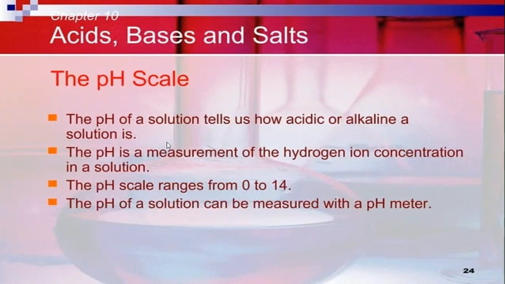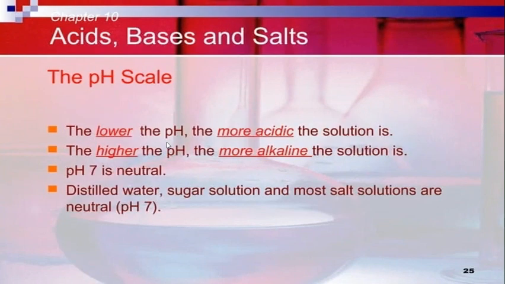So the pH scale. The pH scale ranges from 0 to 14, with 7 being the neutral point, which is usually water. The pH of a solution tells us how acidic or how alkaline a solution is. The pH is a measurement of the hydrogen ion concentration in a solution, and it can be measured with a pH meter. The lower the pH, the more acidic the solution is.